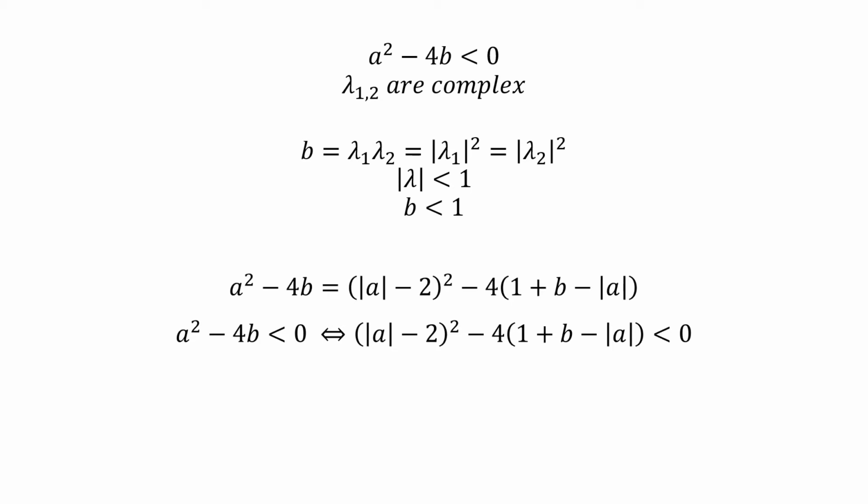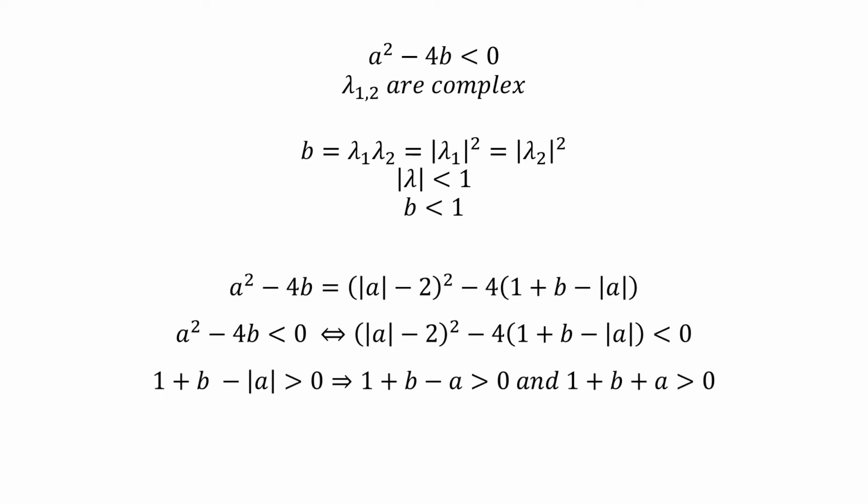And this can only occur, with some rearrangement, when 1 plus b minus the modulus of a is greater than 0. Now, with the properties of the modulus function, we are able to see that 1 plus b plus a is greater than 0 and 1 plus b minus a is greater than 0.